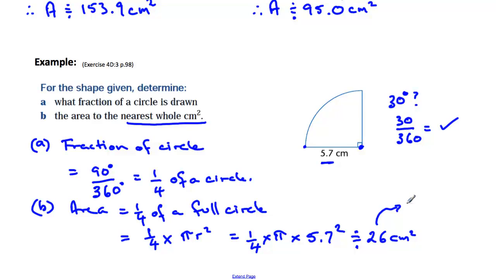If you looked at it on your calculator, it would be something like 25.517, and it keeps going. So you can see that this one would cause 25 to round to 26 centimetres squared. Now in the next video clip, we'll have a look at using parts of a circle a little bit like this with other shapes to find what we call composite areas, including parts of a circle.